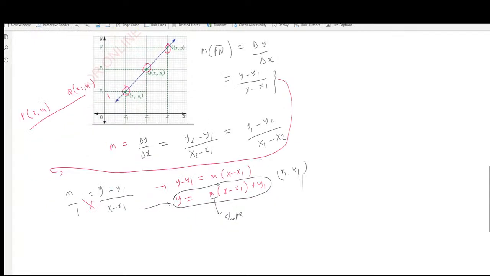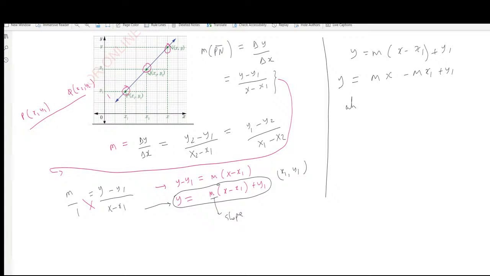So developing it, I will consider a case when you have y equals m(x minus x1) plus y1. I will open the bracket. I will be saying that we have mx minus mx1 plus y1.